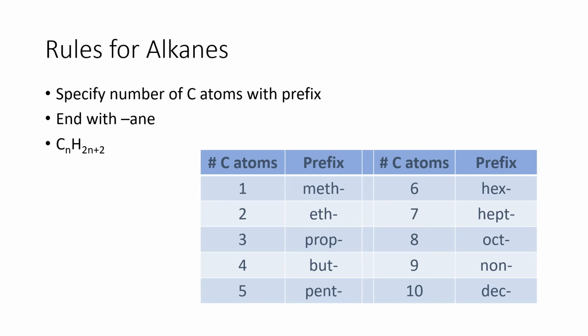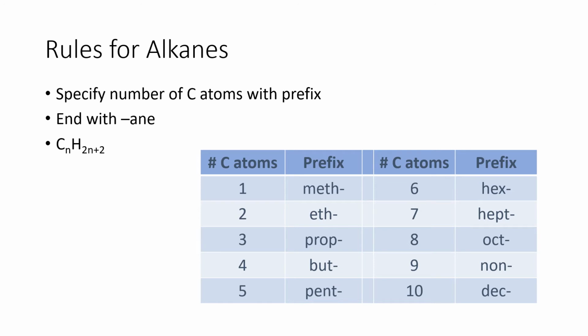This slide shows the rules for naming alkanes and writing their formulas. We are going to specify in the name of the alkane how many carbon atoms it has with a numerical prefix. Now, these prefixes are similar to the covalent prefixes.